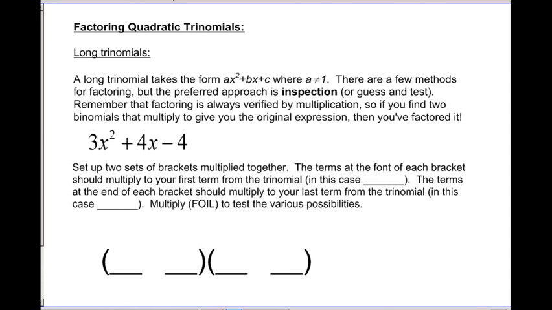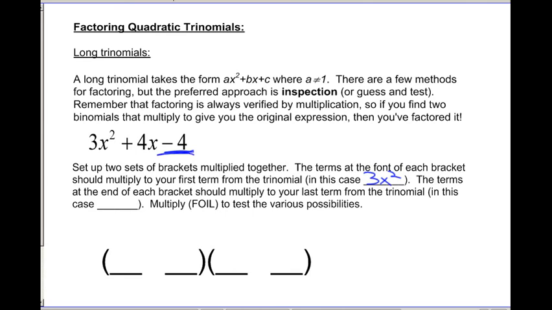We'll have 2 sets of brackets to be multiplied together. The terms at the front of each bracket should multiply to your first term from the trinomial. Okay, so for us that would be 3x squared. The terms at the end of each bracket, when we're multiplying, should multiply to give us the last term of our trinomial.